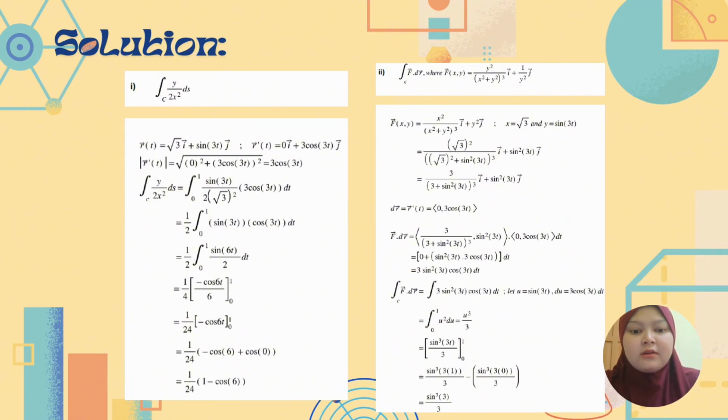When integrating, we use substitution where u equals sin 3t, du equals 3 cos 3t dt. After substituting u, we get the integral of u squared du. Integrating, we get u cubed over 3. For our last answer, we substitute back the value of u and get sin cubed 3t over 3.